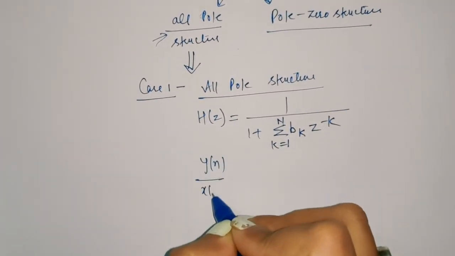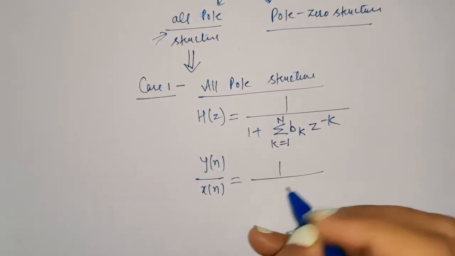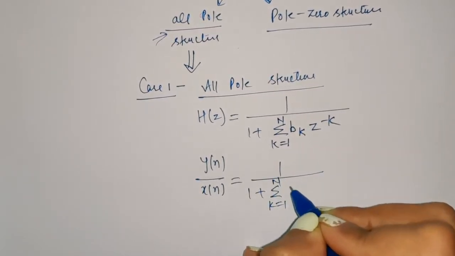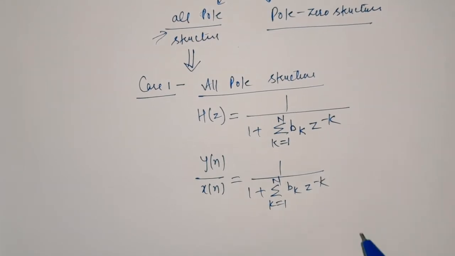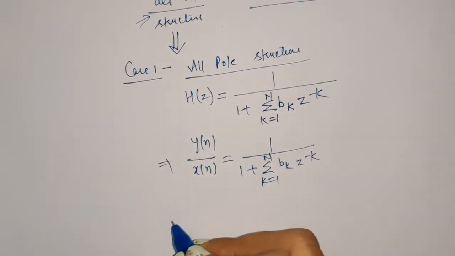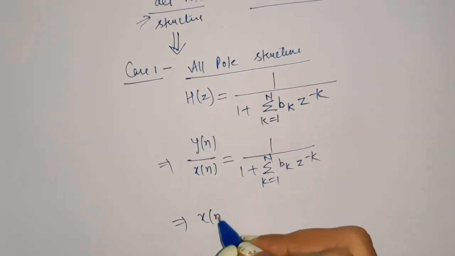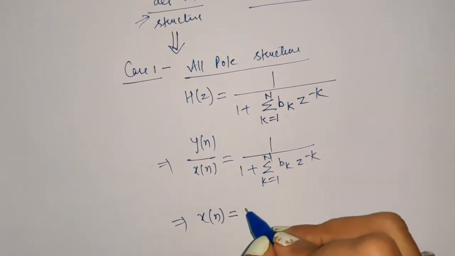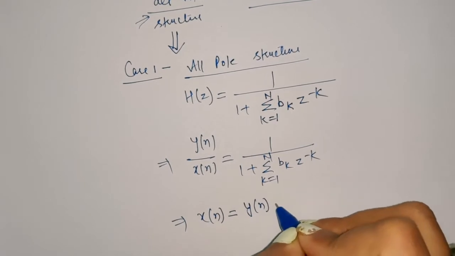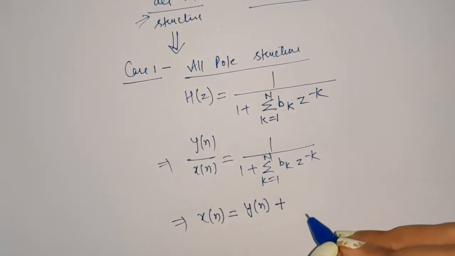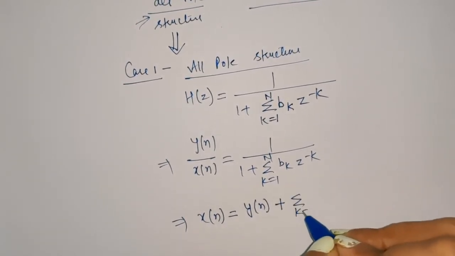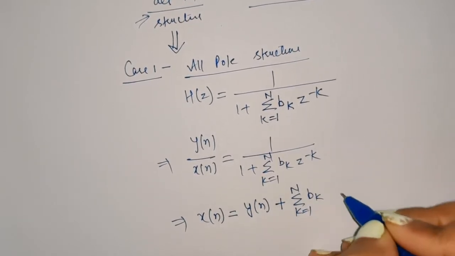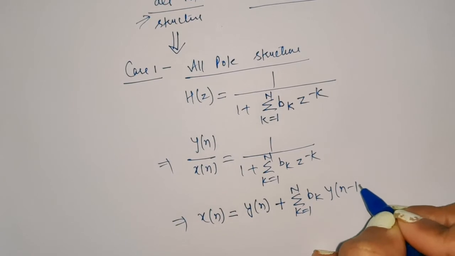If we solve this particular equation, it is like this: yn upon xn is equal to 1 upon 1 plus summation k equals 1 to n bk z minus k. If we simplify this, we can get xn as yn plus summation k equals 1 to n bk y n minus k.